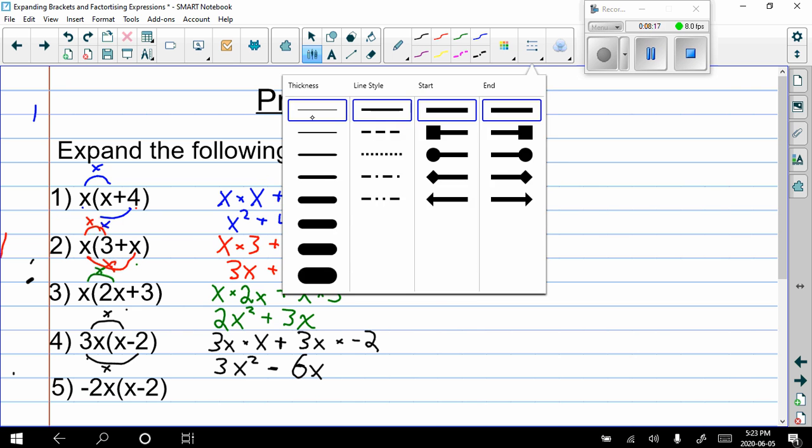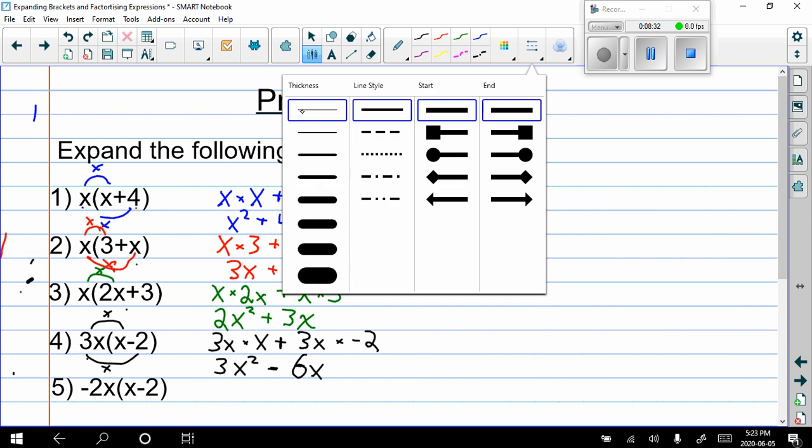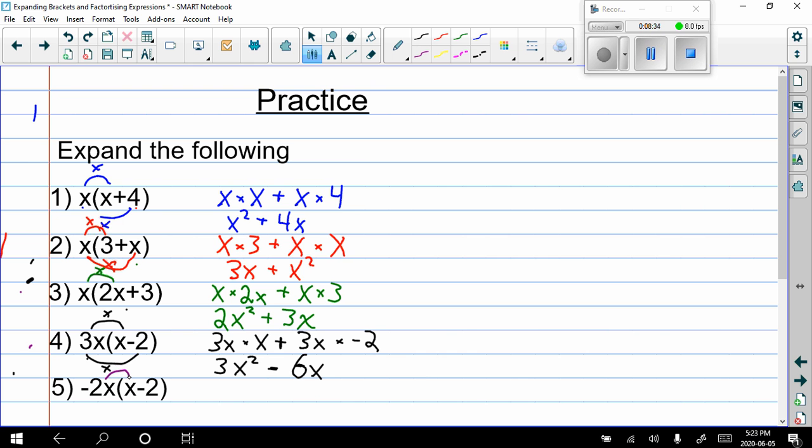Very last one, and this is kind of the hardest we can really get for single brackets. So we're going to go negative 2x. Don't forget the negative. That's where the biggest mistake is going to come from, that negative up front. It's going to change a lot of things. So negative 2x, and we're timesing that by x.